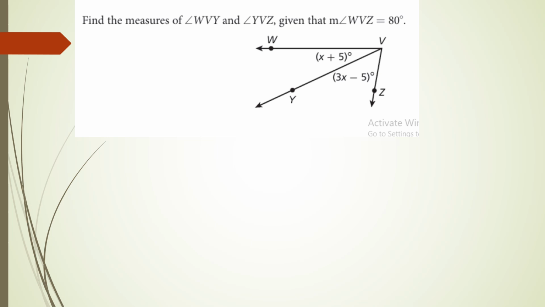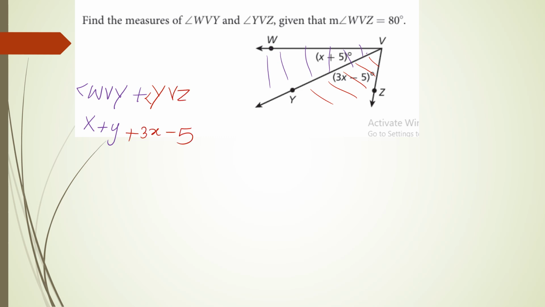Okay, so look at this angle WVY, which equals x plus 5, plus the other angle, angle YVZ, which equals 3x minus 5, all equals angle WVZ, which equals 80 degrees. Now, here x plus 5, sorry, this is 5.